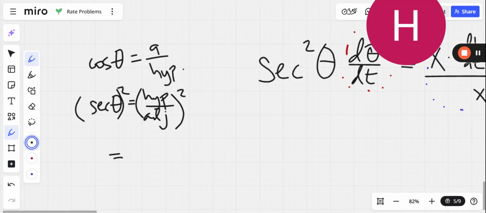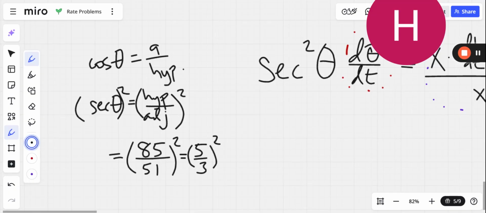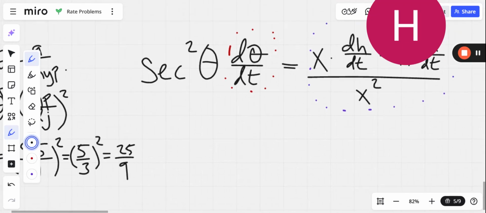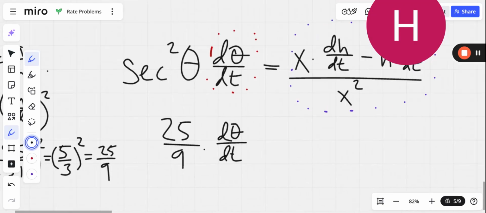So if we take the hypotenuse and the adjacent, we know that the hypotenuse is 85 and the adjacent is 51, which is just 5 over 3 squared. That's 25 over 9.